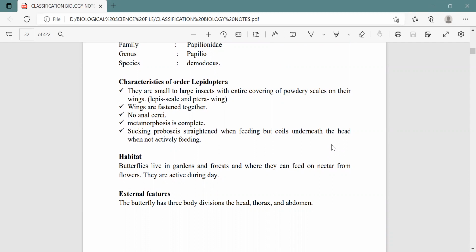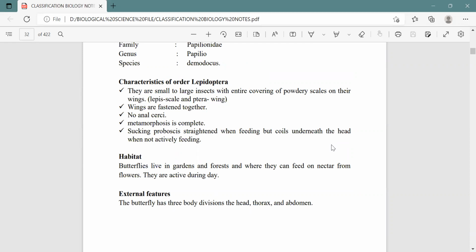Lepis means scale, and ptera means wing. So if we say Lepidoptera, then we mean they have powdery scales on their wings, such as those you see in the moths. You'll find them at night.